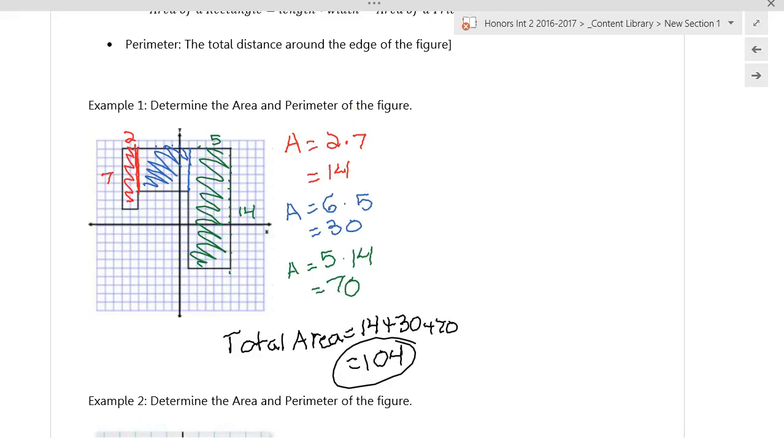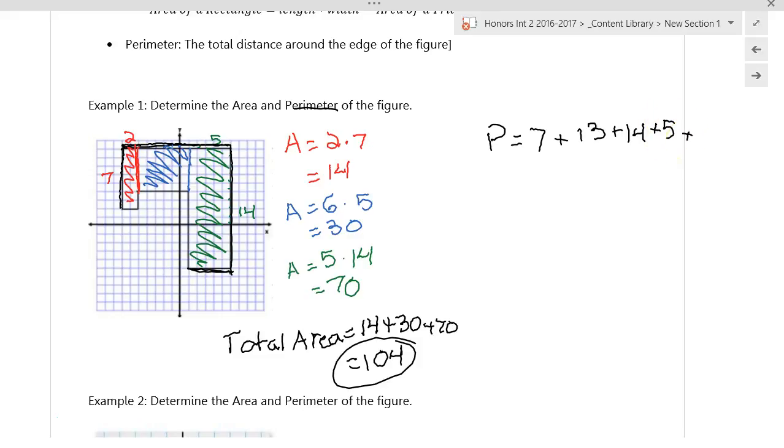So we found area, now we have to find the perimeter. And remember, your perimeter is the total distance around the edge of the figure. So some of these I already have labeled. So I have 7 plus, and if I count all of these spaces, it's 13. Plus, I already counted this out, that's 14. Plus, right here, that's 5.